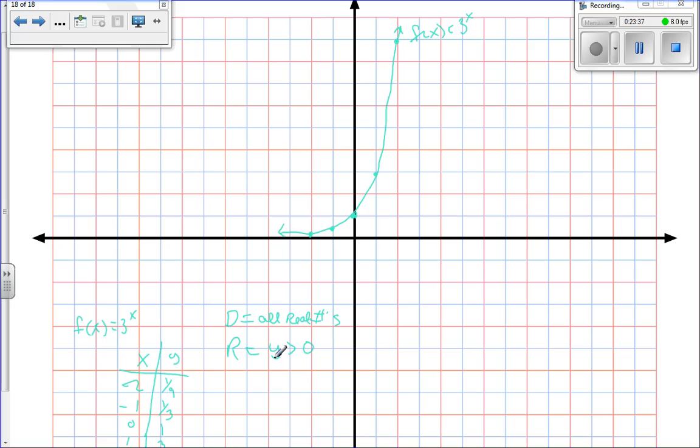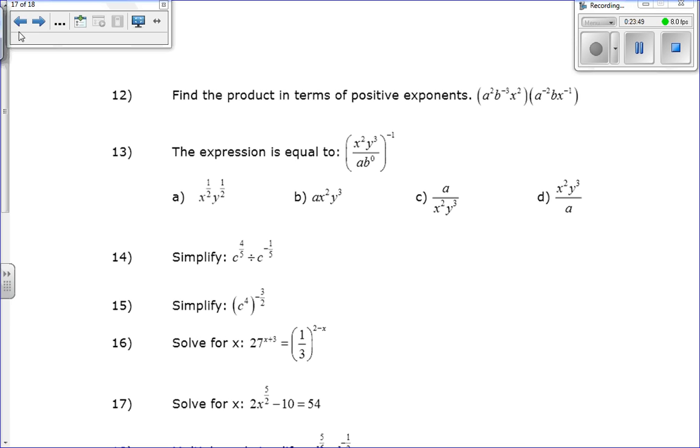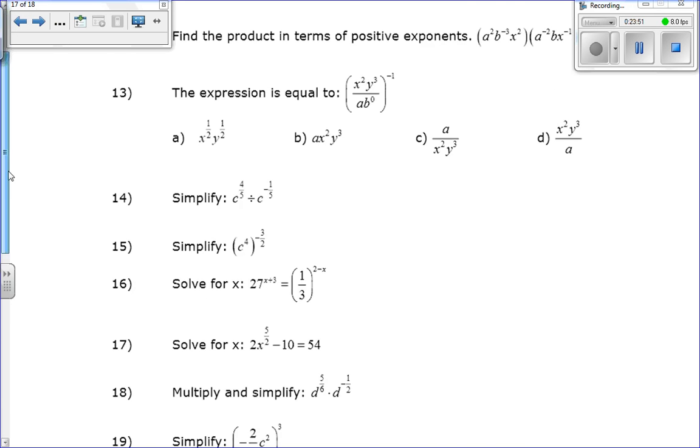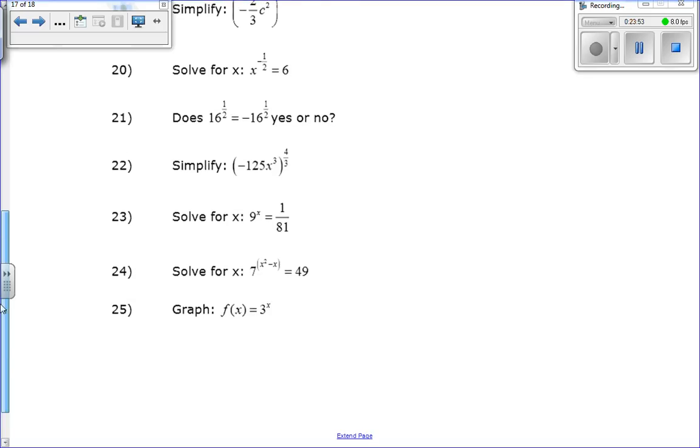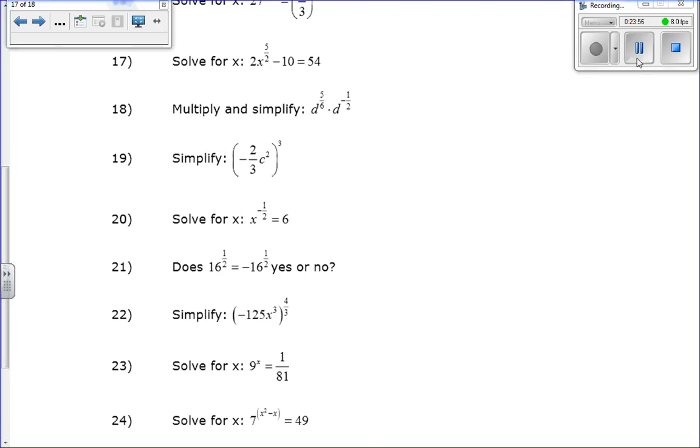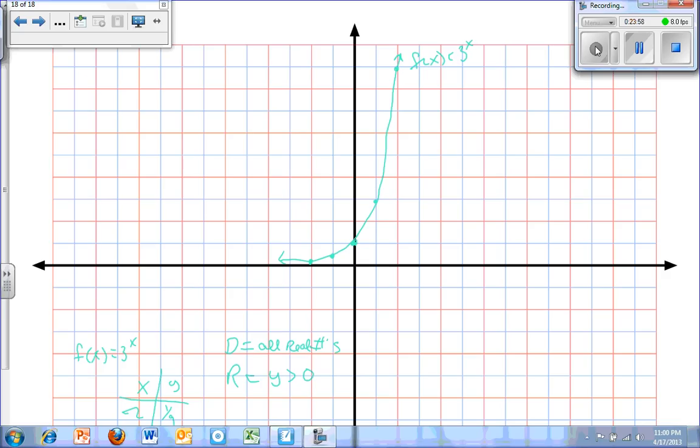For the next graph, they ask you to graph, let me see, I ended up with the wrong picture. Yes, I did. Okay.